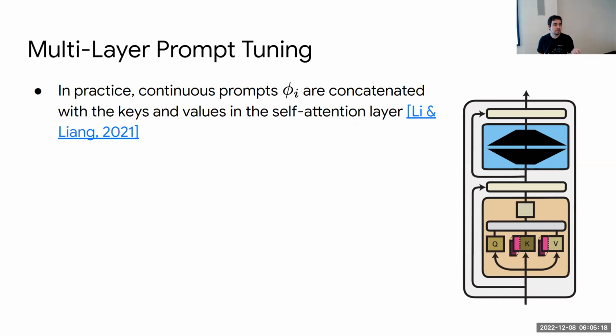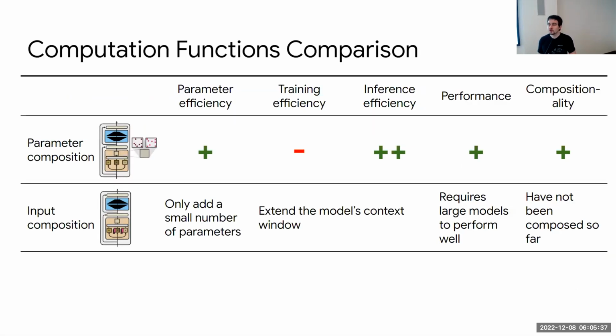One implementation detail: in practice, these prompts are implemented in a transformer layer by simply prepending them to the keys and value matrices in your attention, which is more efficient and more amenable to the implementation frameworks. Just as a comparison with regard to the parameter composition from before, continuous prompts have the advantage of only adding a small number of additional parameters.